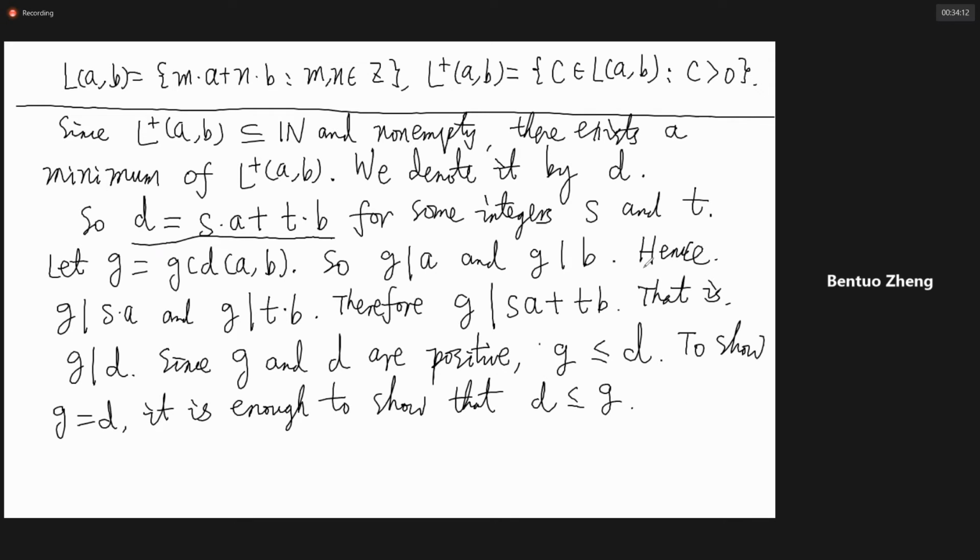We would like to show that D is actually a common divisor of A and B. And if we can show D is a common divisor of A and B, because G is the greatest common divisor, then we can claim that D is less than or equal to G.